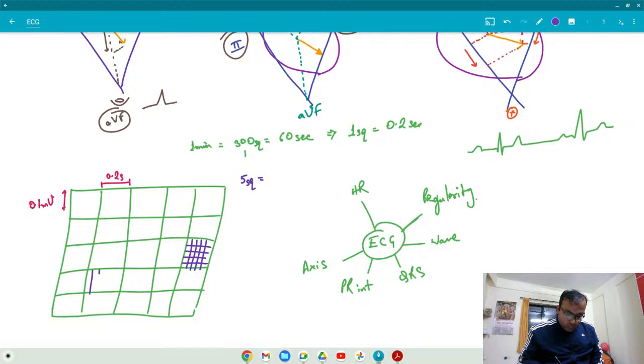One, two, three, four, and five. Look at the time. Time is going in this way, and this one is going for the voltage. So when I'm talking about time, how much time will the big square take to cross?